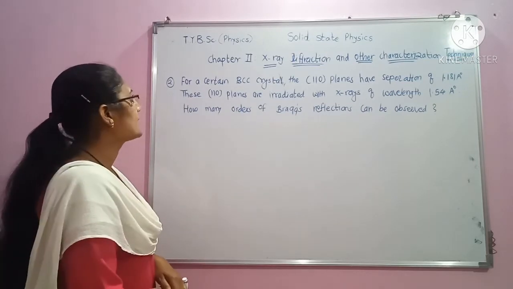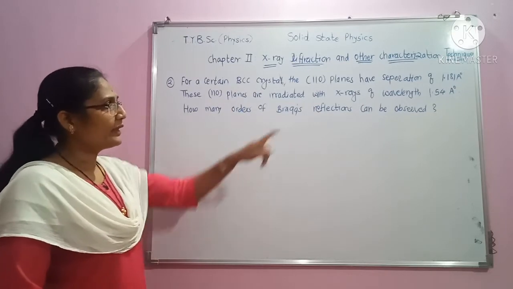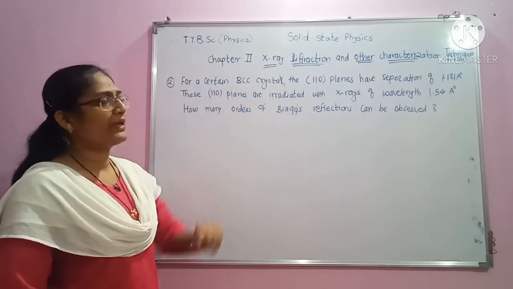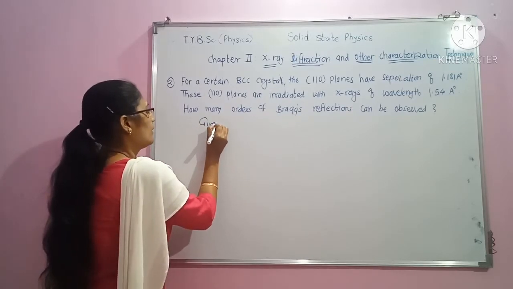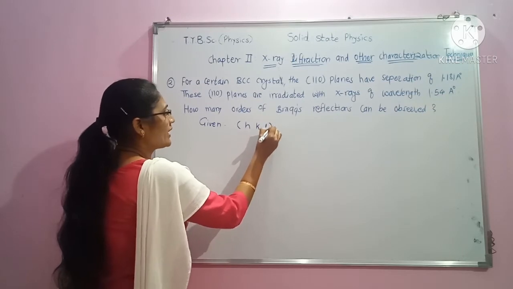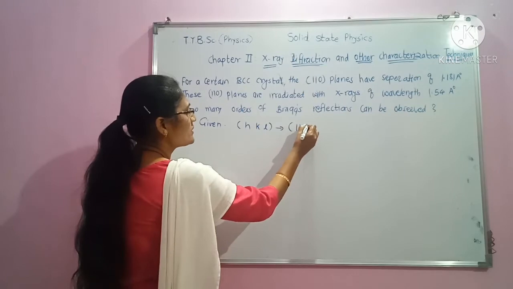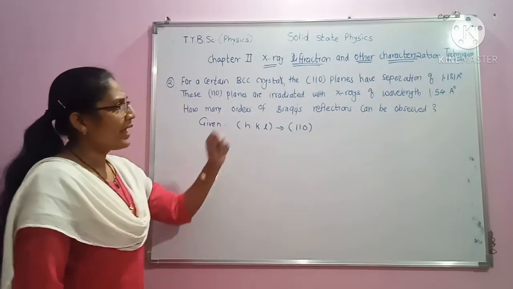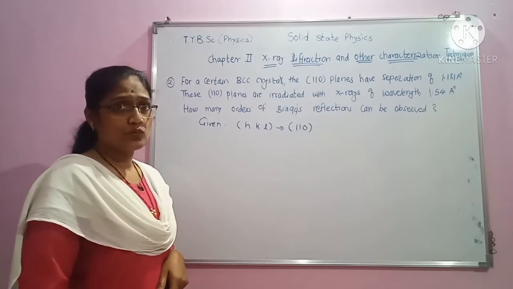This is the example. So a BCC crystal is given and the 110 plane is given. The plane is mentioned with HKL values, and it is given as 110. It has a separation of 1.181 angstrom.